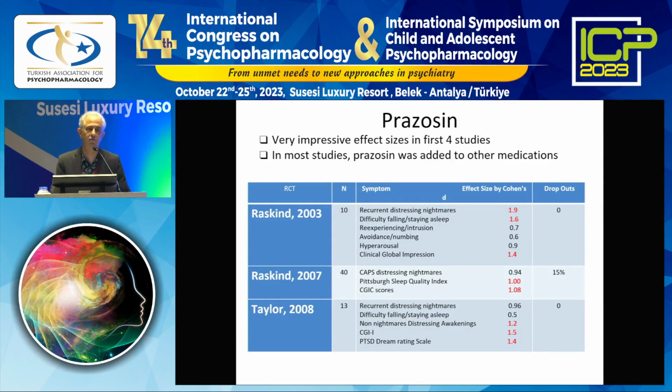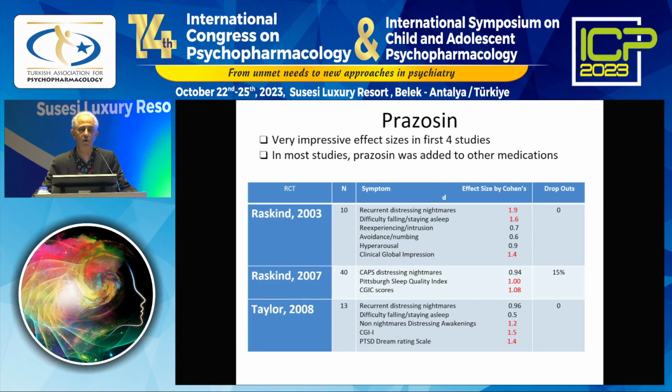Now, just to review some of those impressive results on the earlier prazosin trials, look at these effect sizes by Cohen's d in red on the right-hand side. In these 3 small studies, we're talking about 1.9 effect size. We never see that in medicine, in psychiatry, for anything else we treat. 1.6 for trouble with sleep, clinical global impression of 1.4 by Cohen's d.